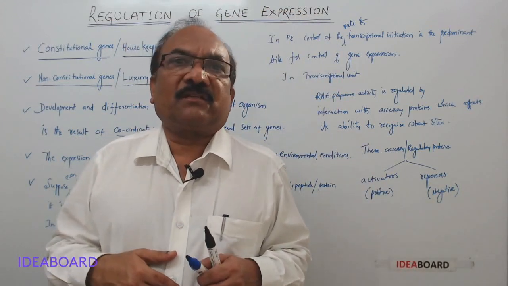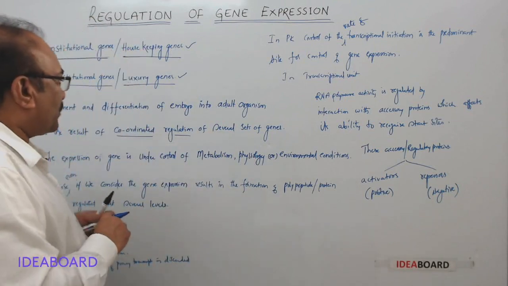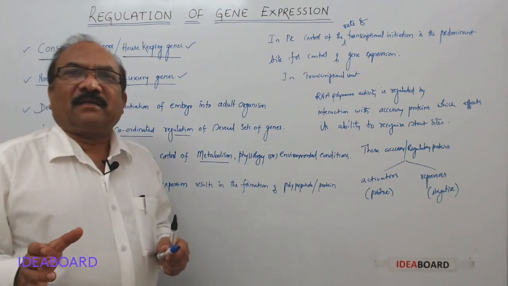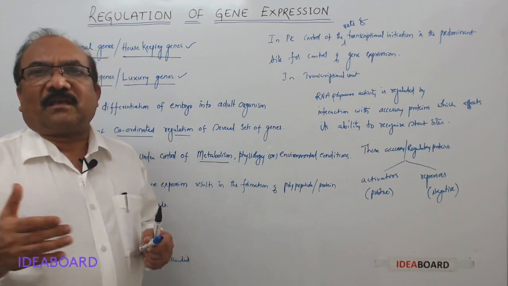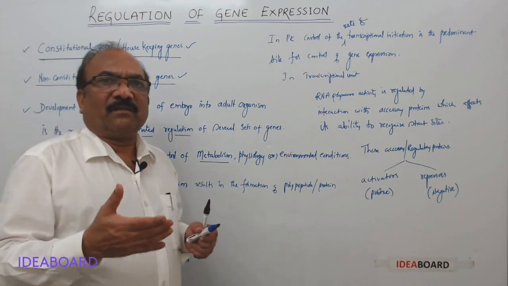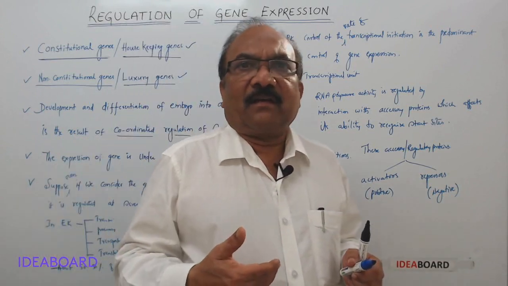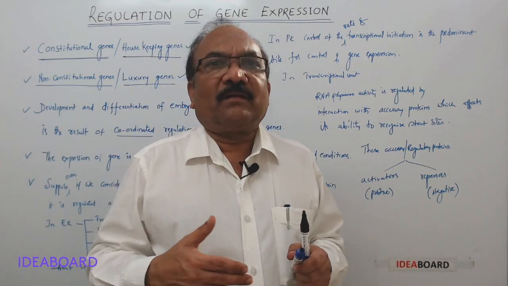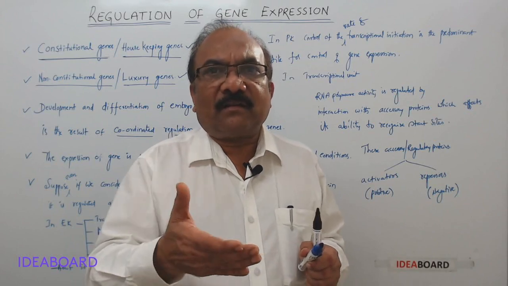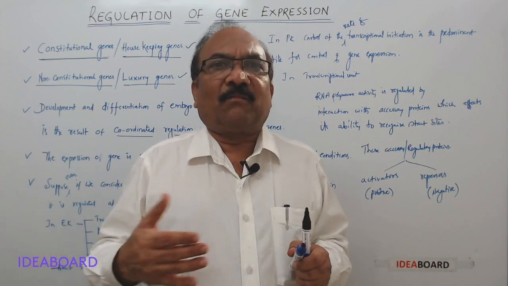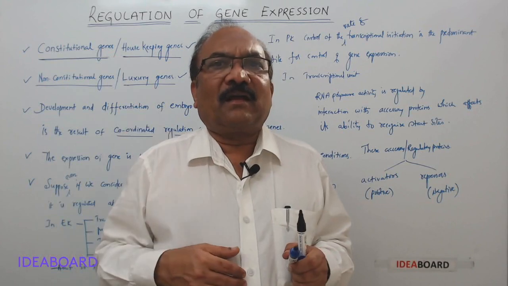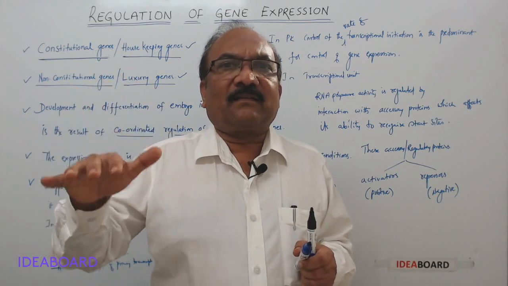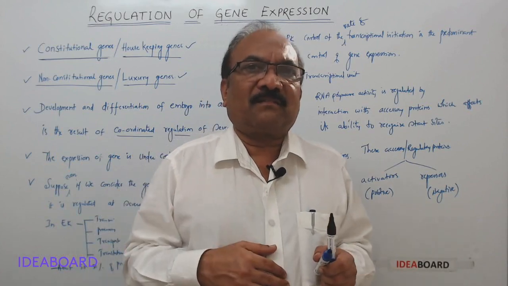The expression of genes is under control of metabolism, because the metabolic rate of an organism is not always the same. Even if we take our own example, our metabolic rate is not the same even in one day. In the morning it may be more, or in the afternoon it may be more, or in the night the metabolic rate may be less.